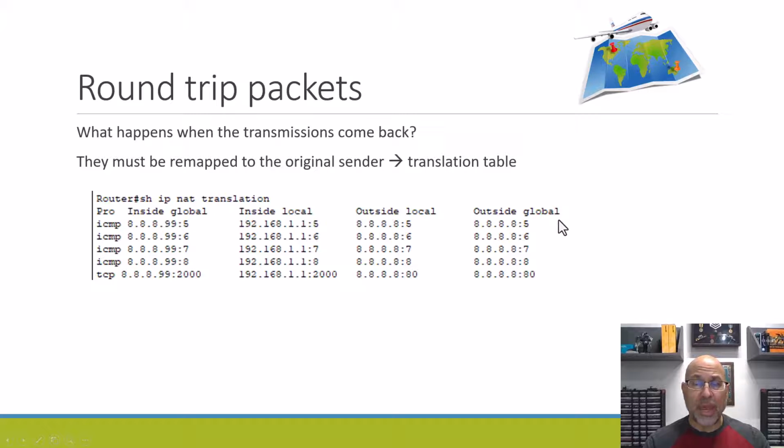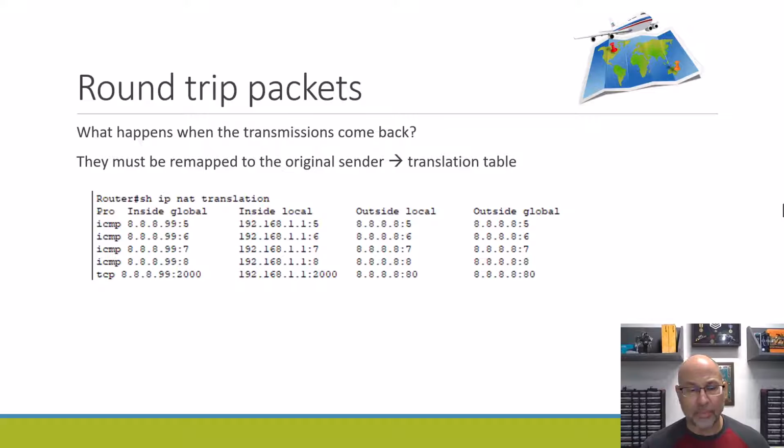And when it comes back, the transmission comes back to your router, and your router says, oh, I am going to remap that IP address and port combination back to the host that I changed it from before. So I'm going to change it back to this. And so that's what the translation table is all about. Keeping track of all the things that the router modified on the way out so that we can remap them on the way back in.